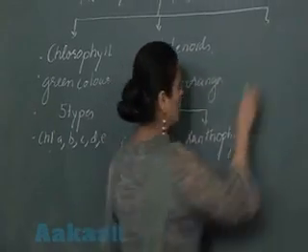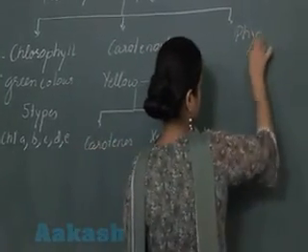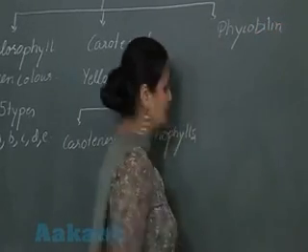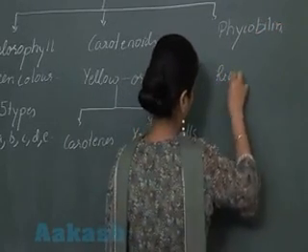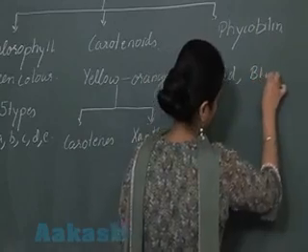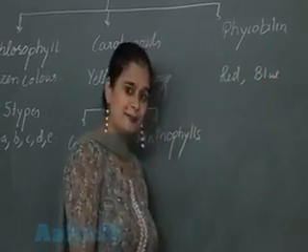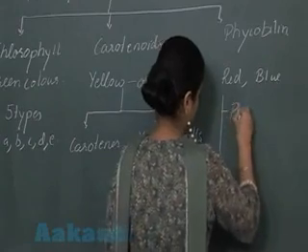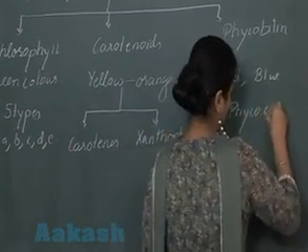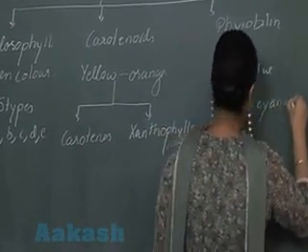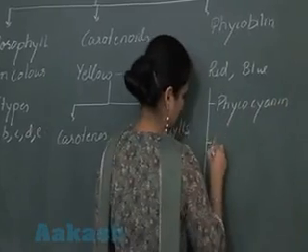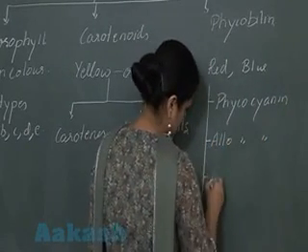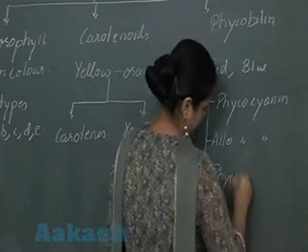Now the last one is phycobilins. Phycobilins are red, blue color pigments. Now 3 types of phycobilins are there: phycocyanin, allophycocyanin and phycoerythrin.